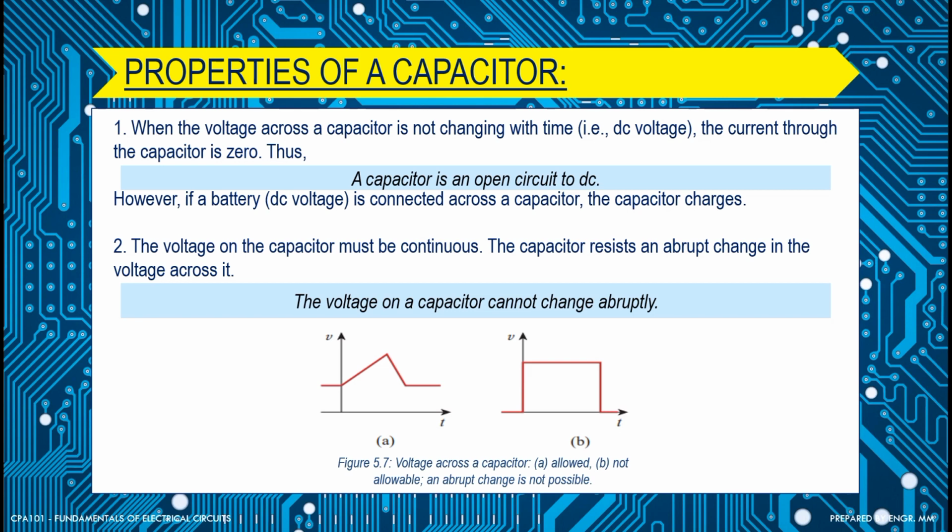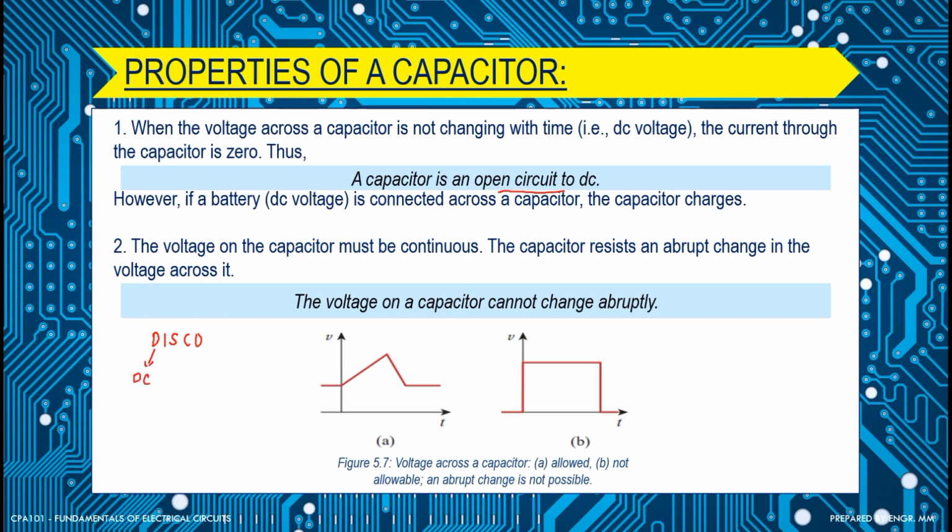So when dealing with capacitors and inductors, there is a mnemonic for the first property. A capacitor is an open circuit to DC, so you just have to remember DISCO. D means DC.